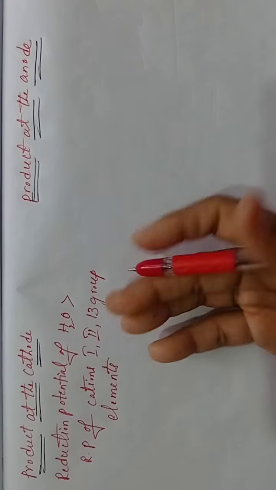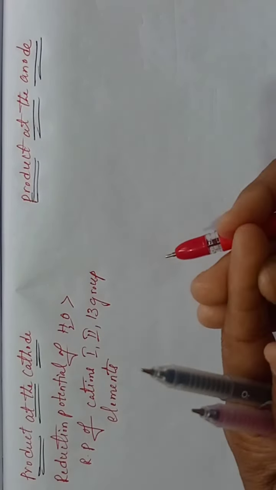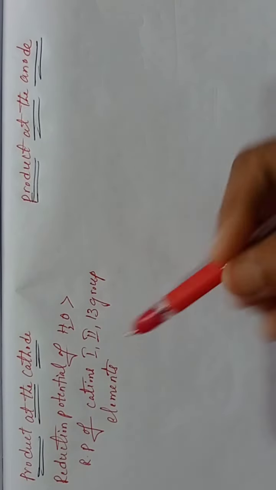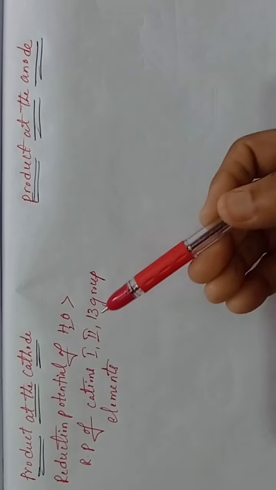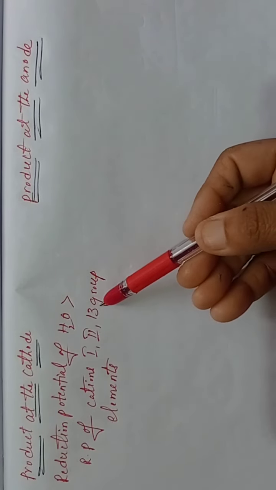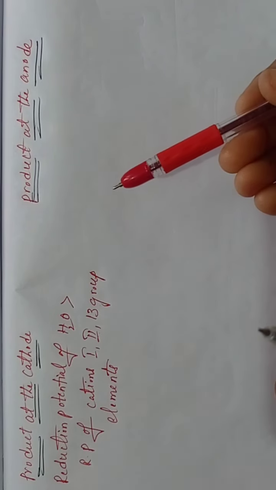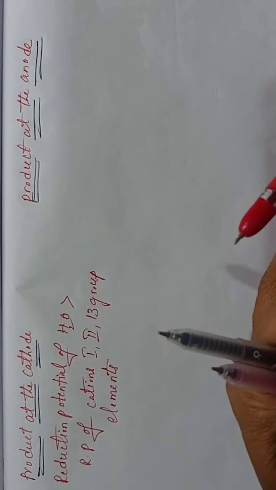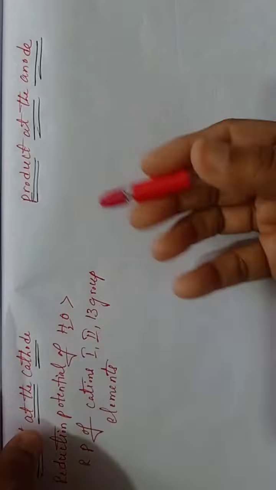First group elements means lithium, sodium, potassium, rubidium, cesium, francium. Second group elements: calcium, strontium, barium, radium. 13th group elements: aluminium, gallium, indium, thallium. Now we can take examples.